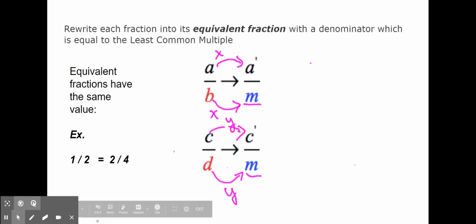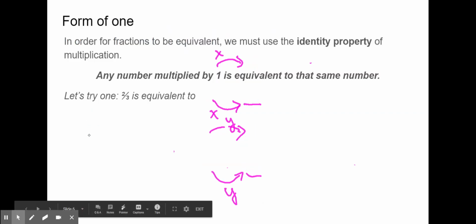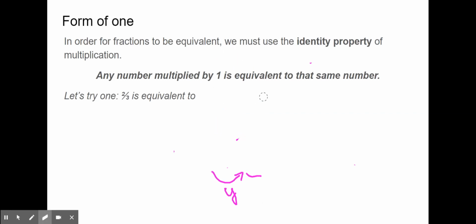And we call that our form of 1. So in order for fractions to be equivalent, we must use the identity property of multiplication, which is any number multiplied by 1 is equivalent to that same number.